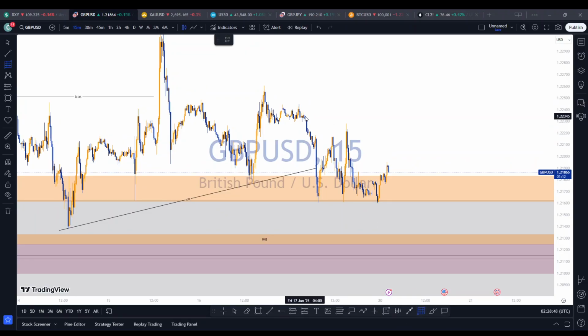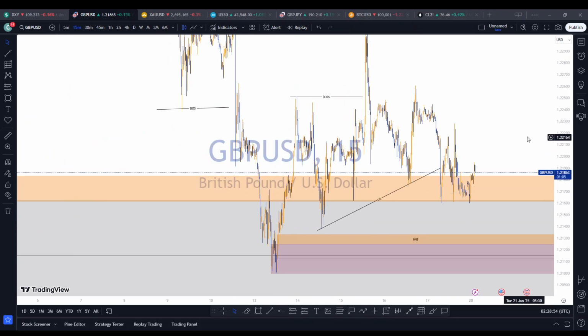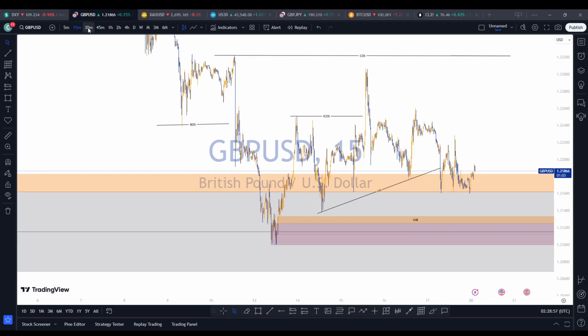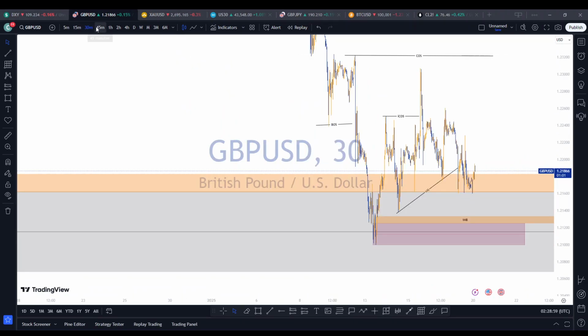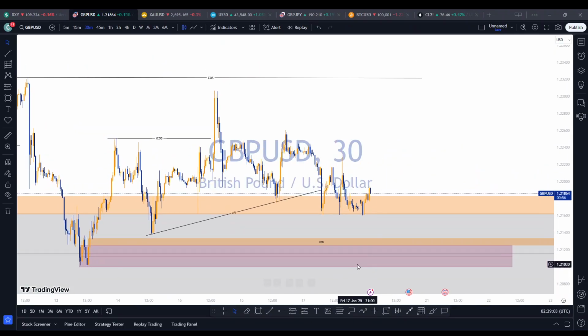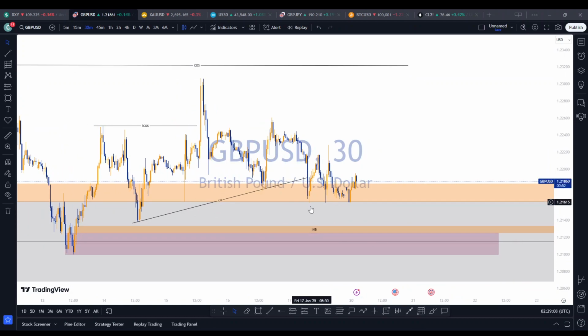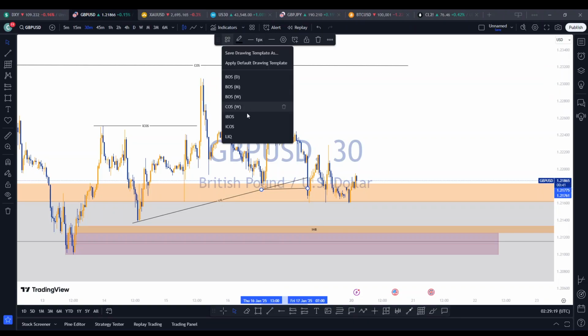I think this is the one that didn't touch it. So before we go on, I still think we might push to the downside, because right here we have an internal structure that is broken with this bear candlestick.